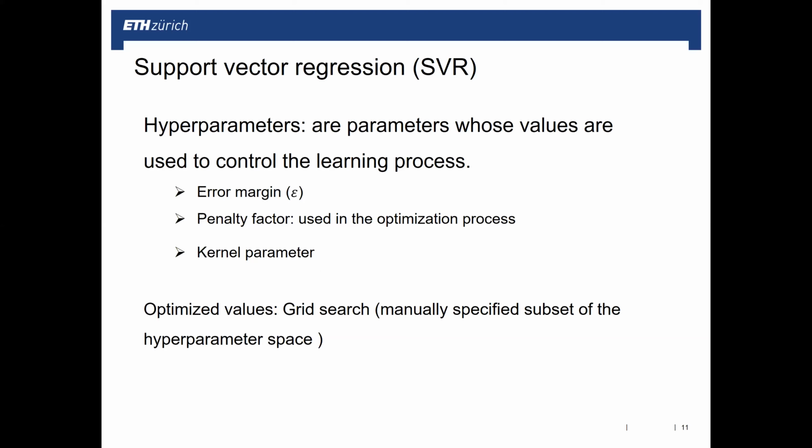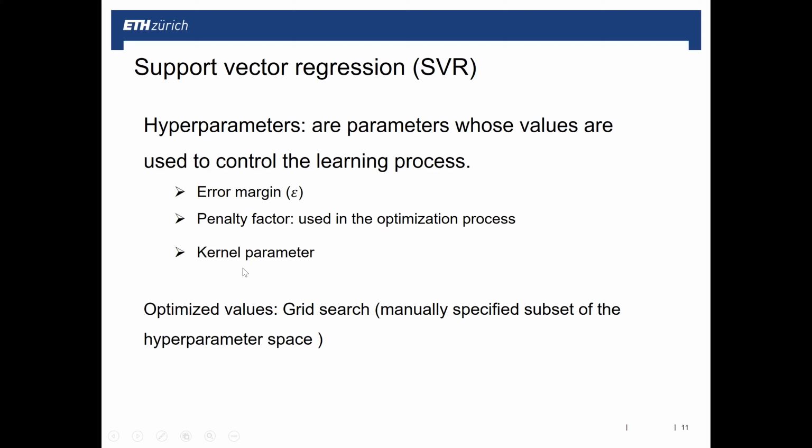The hyperparameters we have in the support vector regression are, first, the error margin. So this is the error band. And also penalty factors. This is introduced in this optimization process. That means all the samples located outside of this error margin or error band will get a penalty.